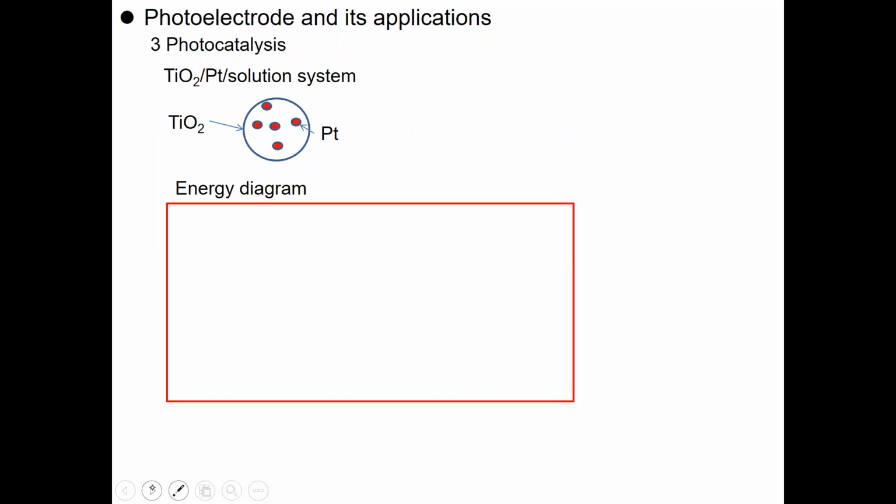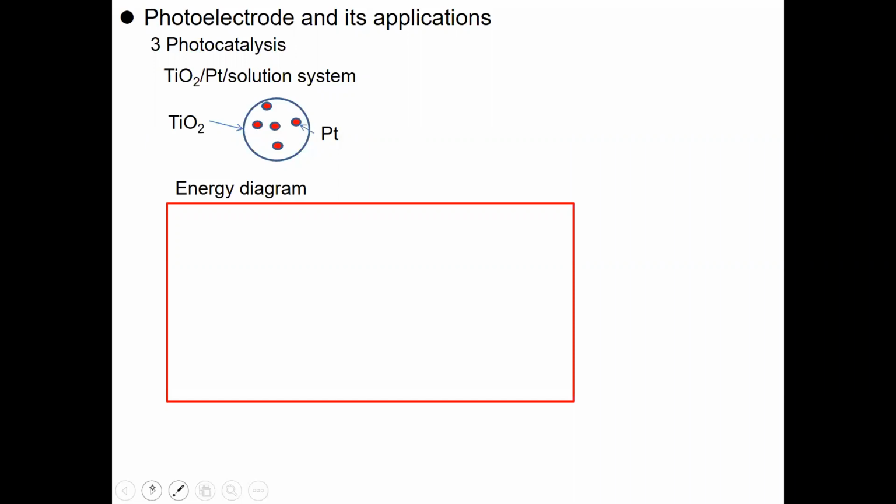Here is another system for application of photocatalyst, which is a TiO2 platinum solution system. In many applications of photocatalyst, the semiconductor materials are given in the form of powder, meaning particles.